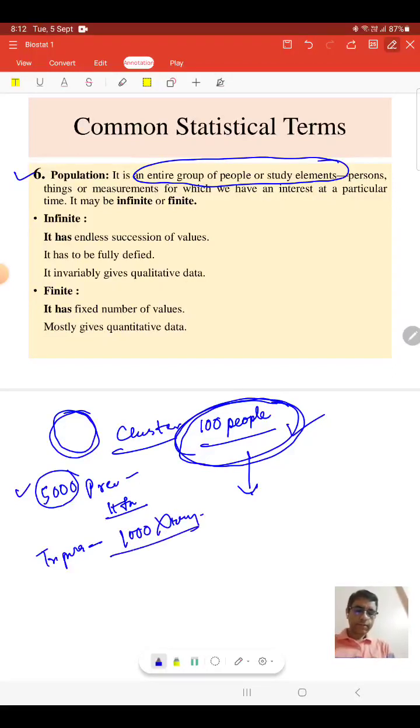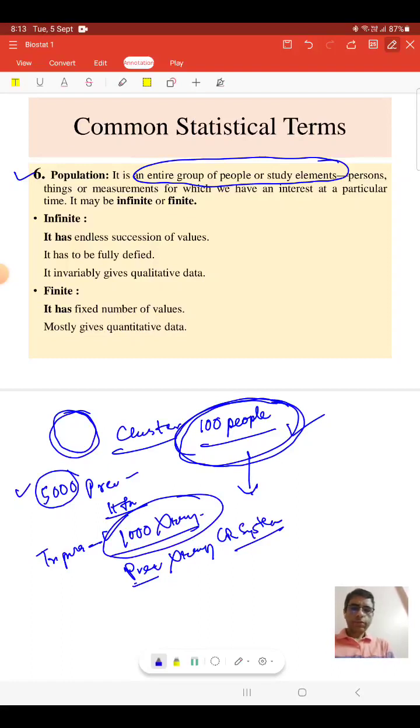Let us assume we are trying to find out the prevalence of X-ray machines having a CR system. So these 1000 X-ray machines are our study population. So not only people, it also includes elements.